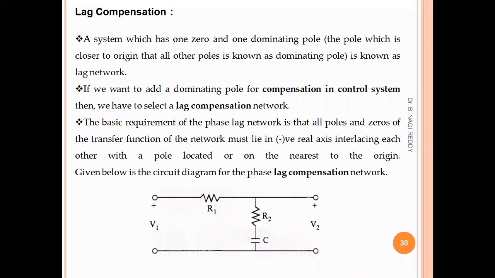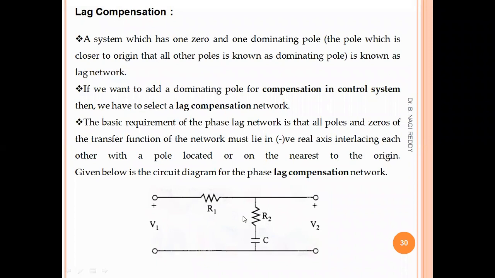If we need a dominating pole in the control network, then we will choose a lag compensator and insert it in that control system. You can see the network of the lag compensator.